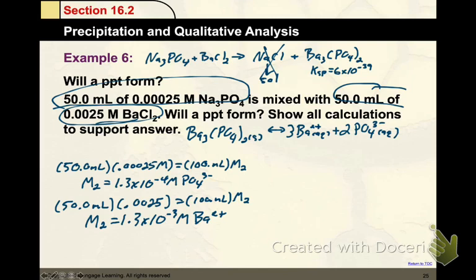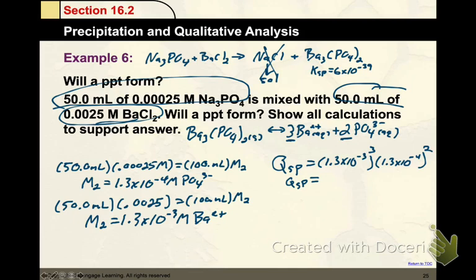So now we can plug into our QSP expression those ion concentrations that we have, and we've got 1.3 times 10 to the minus 3 molar for the barium, and because of the 3 that's cubed, times 1.3 times 10 to the minus 4th molar for the phosphate, and because of the 2 that's squared, so we can get our QSP by multiplying those numbers.